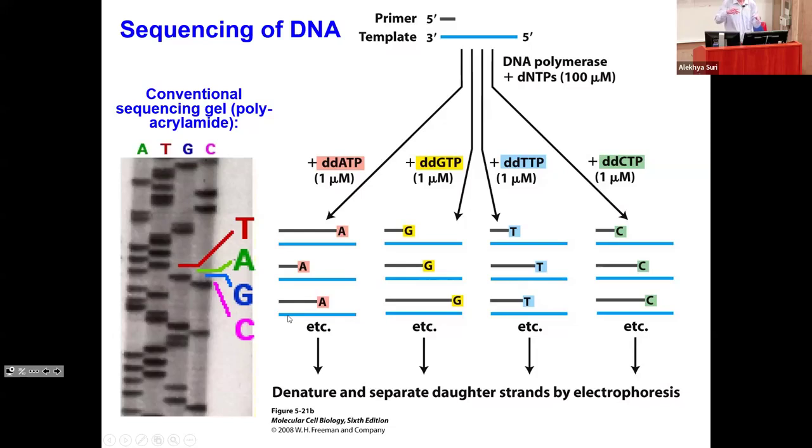If you add too little, it will just synthesize, and you will not see this kind of ladder.